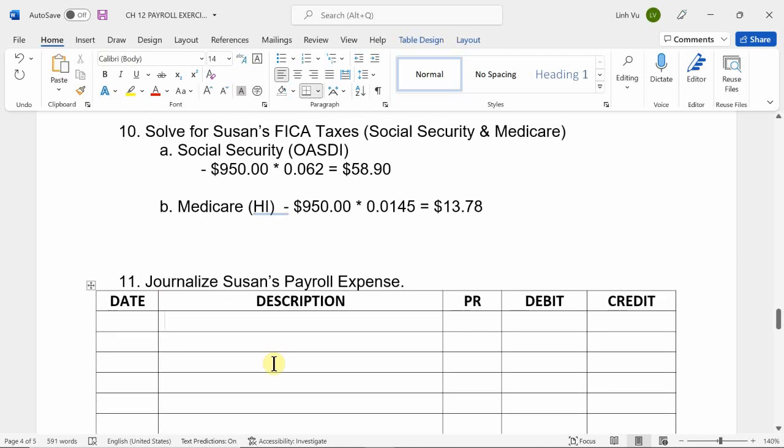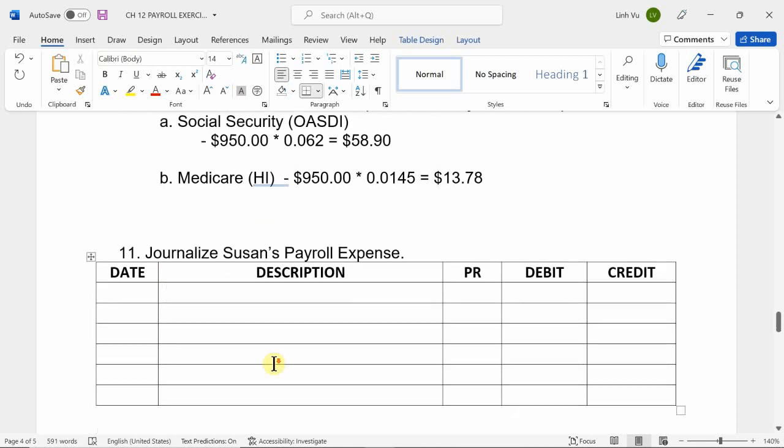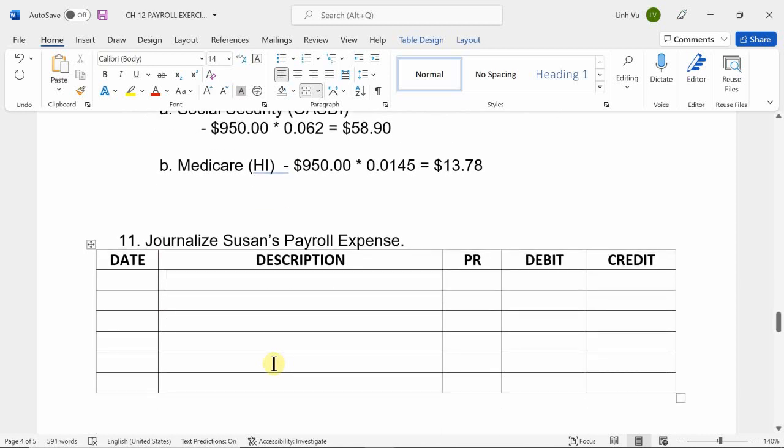So how am I going? What's the first thing you recognize? Payroll. Not payroll. Expenses. What kind of expense? Not income.